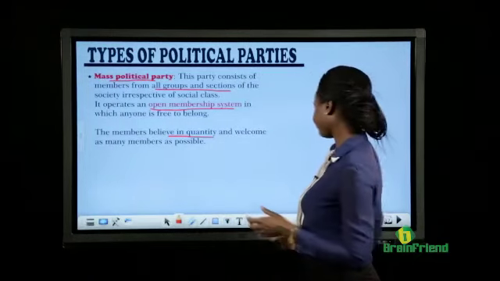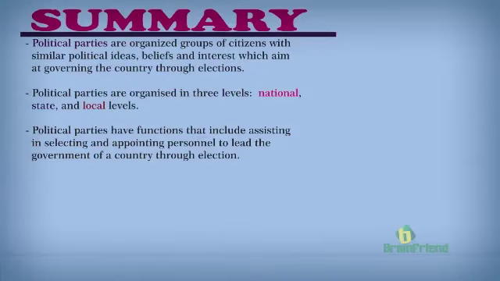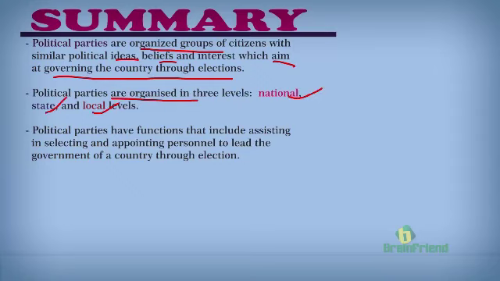In summary, we talked about the definition of political parties, and we said political parties are organized groups of citizens with similar political ideas, beliefs, and even interests. And we said that their aim is to gain control of a government in a society or in a nation. We also looked at how political parties are organized, and we said they're organized in 3 levels: the national, the state, and the local levels.